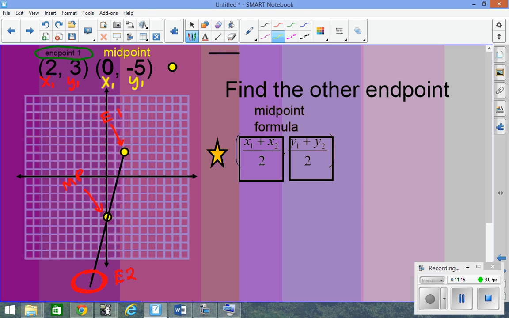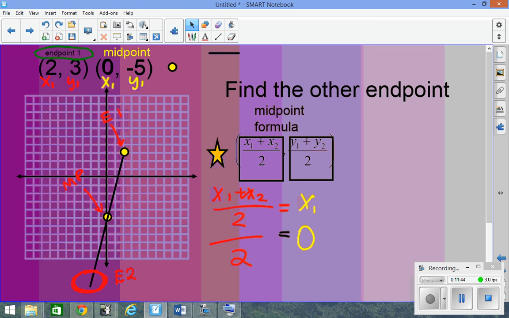Okay, so we're going to start out by setting x1 plus x2 divided by 2 equal to the coordinate of the midpoint, that is my midpoint x, so that value is 0, divided by 2. So what do we know?